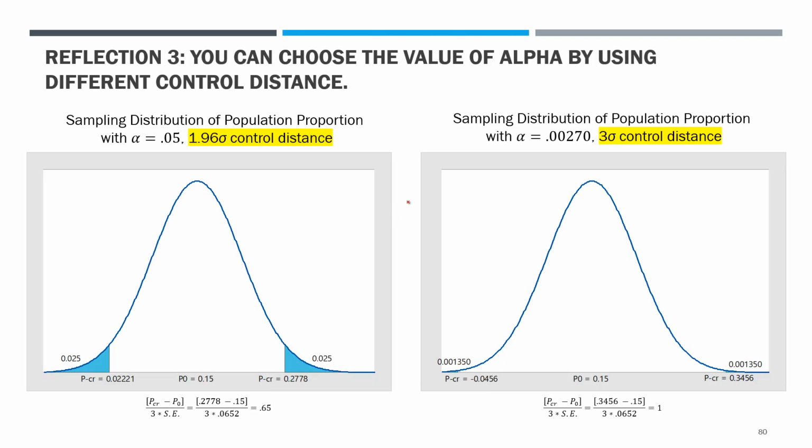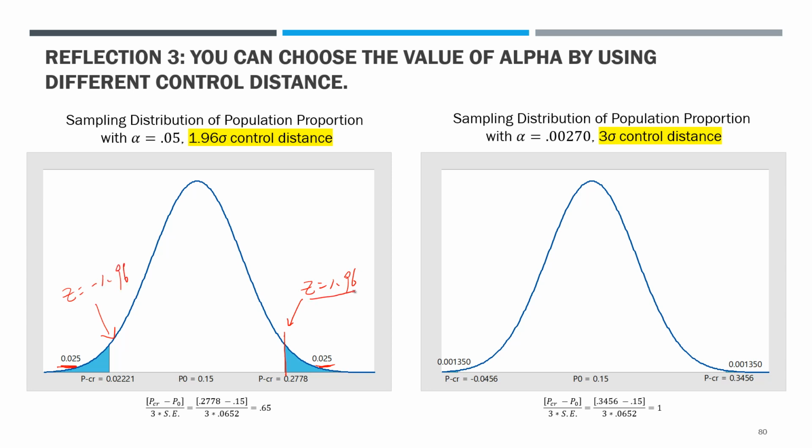You can choose the value of alpha by using different control distances. Here we know that this is 2.5% outside of the limit. Therefore, here z is equal to 1.96, and here z is negative 1.96.